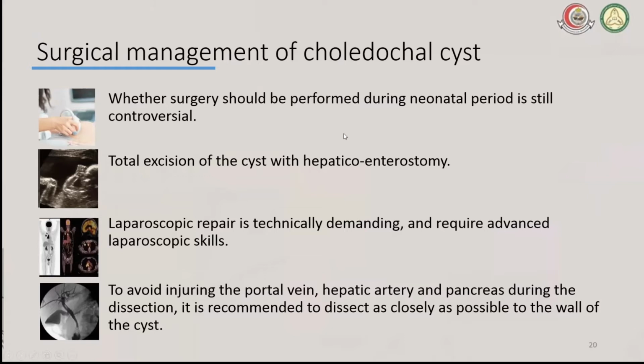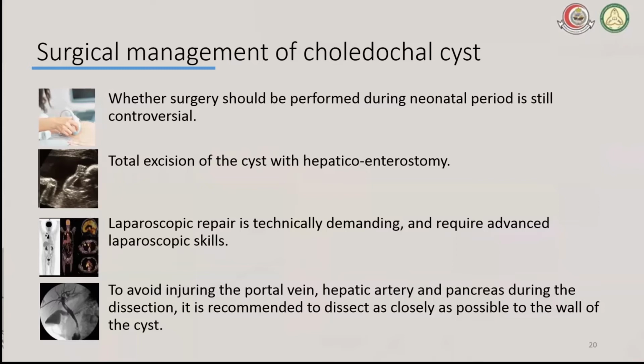So once we establish the diagnosis, we just go for surgical intervention. The surgical intervention is a reconstructive procedure, excising the cyst and doing a hepatico-enterostomy. As for the type of hepatico-enterostomy, the Roux-en-Y hepaticojejunostomy is non-anatomical, but the main aim of it is to establish drainage and to excise the cyst.